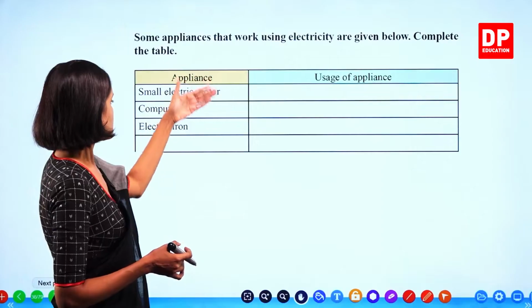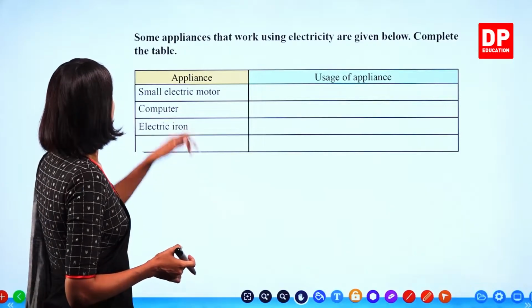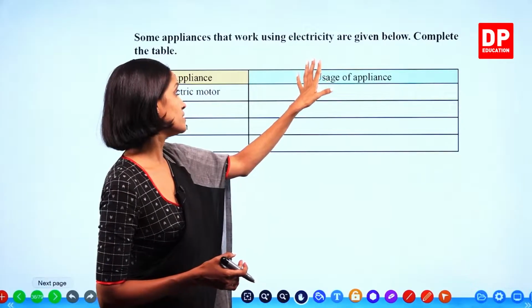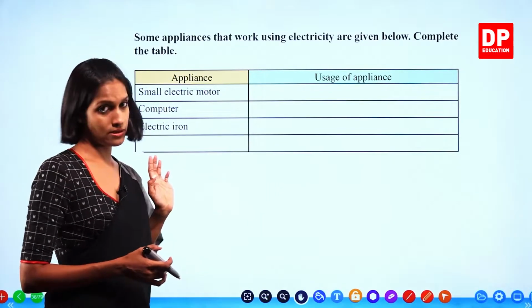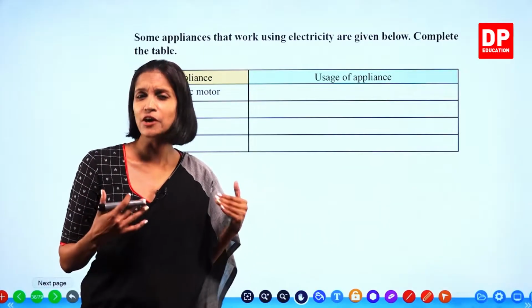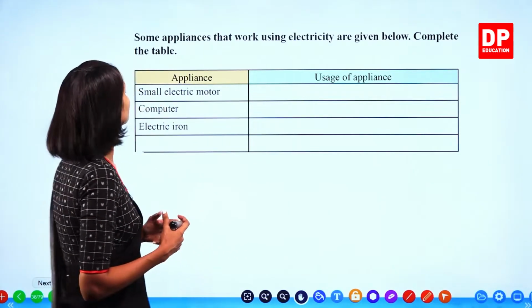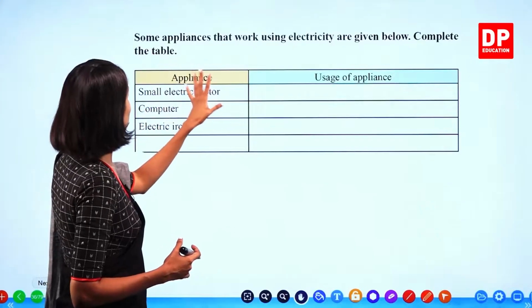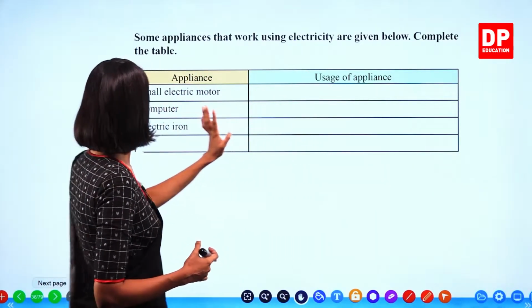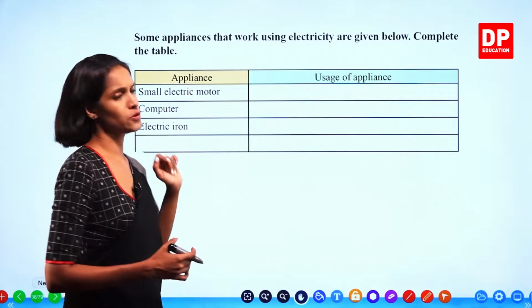Okay, some other examples given. Some appliances that work using electricity are given below. Complete the table. So this one also you all can do by yourselves without my help, right? Okay, so there are two columns. Here appliance, here usage of appliance, okay? Small electric motor.